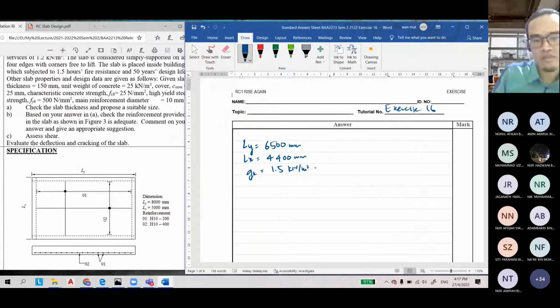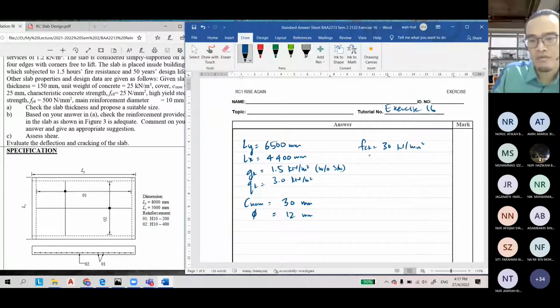And the QK is equal to 3.0 kilonewton per meter square. I give you the C nominal; I will teach you how to determine the C nominal in the last week or during the study week. The diameter is 12 mm. The FCK is 30 Newton per millimeter square of concrete. FYK as usual is 500 Newton per millimeter square.